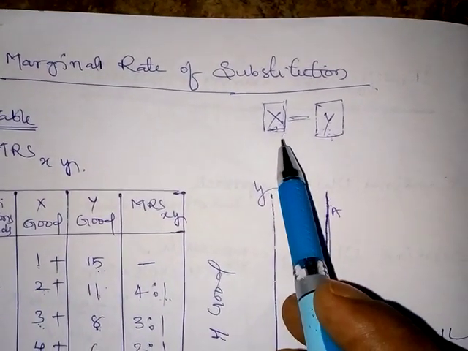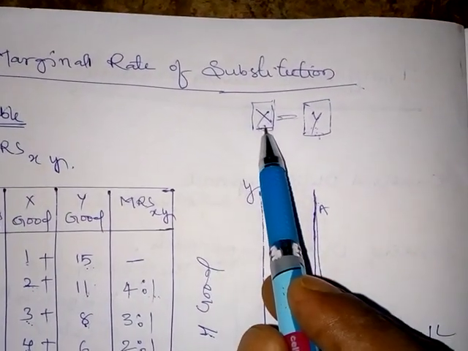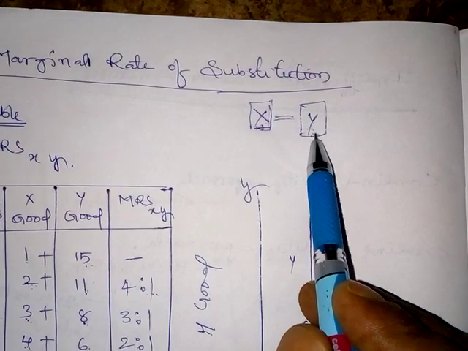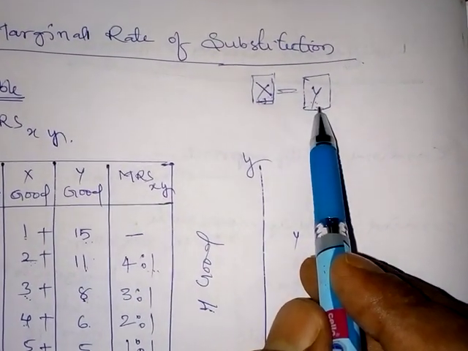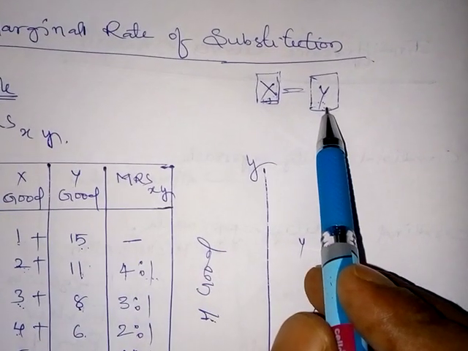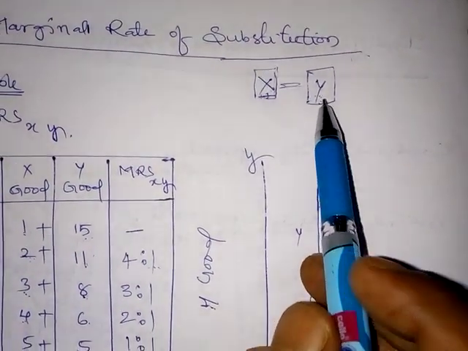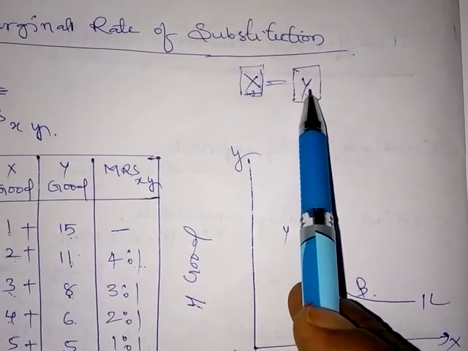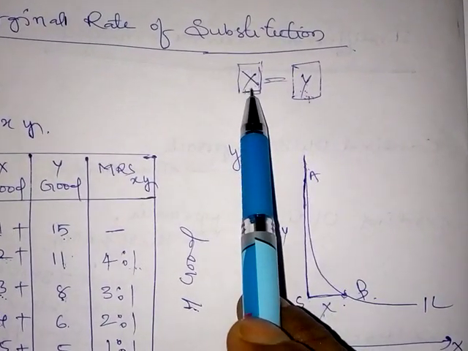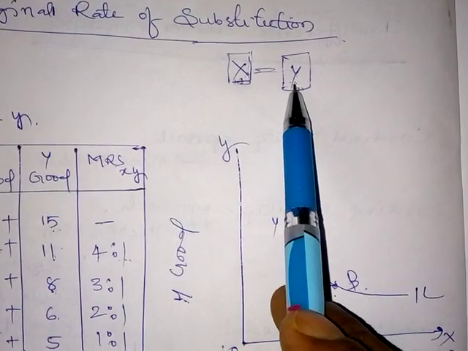Marginal rate of substitution means the rate at which a commodity is exchanged for the other one. Here in general, the consumer always concentrates on marginal utility that he is deriving from any commodity. While choosing these commodities, he concentrates on marginal utility, whether X is giving more marginal utility or Y is giving more marginal utility.